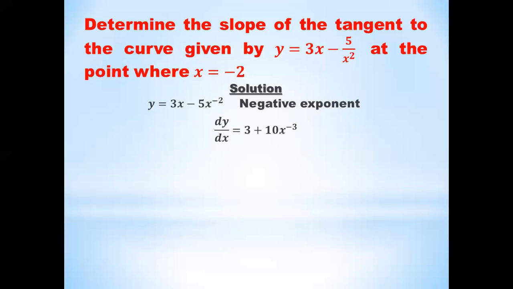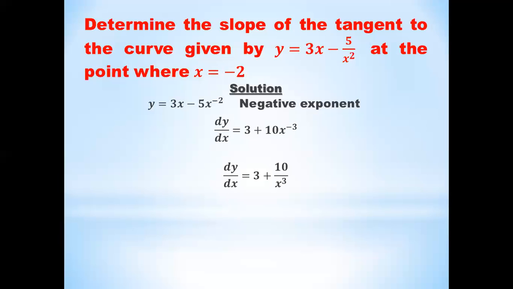Now, straight away we have to find the first derivative. So the first derivative, obviously, as you know, is 3 plus 10x to the power of negative 3. So now we know that our derivative is 3 plus 10x to the power of negative 3.